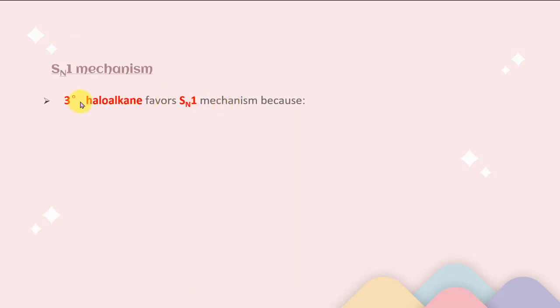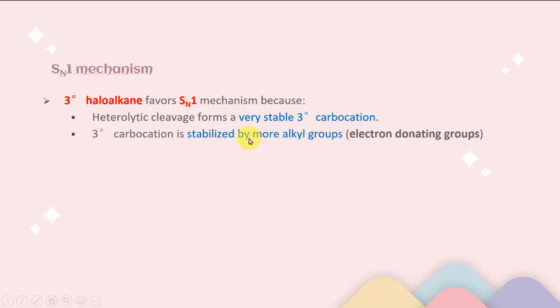For example, a tertiary haloalkane favors the SN1 mechanism because the heterolytic cleavage of the tertiary haloalkane will form a very stable tertiary carbocation. It is stabilized by more alkyl groups, which are electron-donating groups. Hence, it is more stable and more reactive towards the SN1 mechanism.